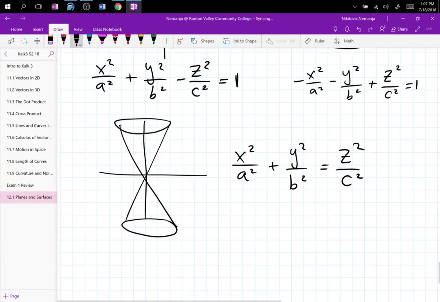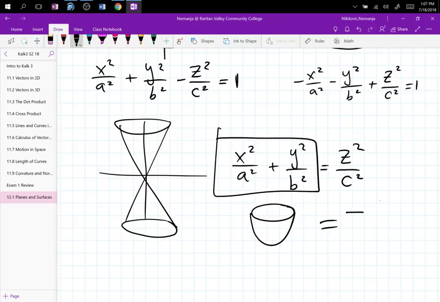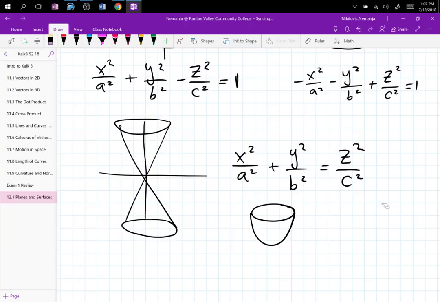Remember that we had the paraboloid, which looked like this. It was the same left-hand side, but it was equal to z instead of this mess. It's a very similar equation. So you have to be a little bit careful about that, not to confuse things. Now, what happens as I say z equals some number?